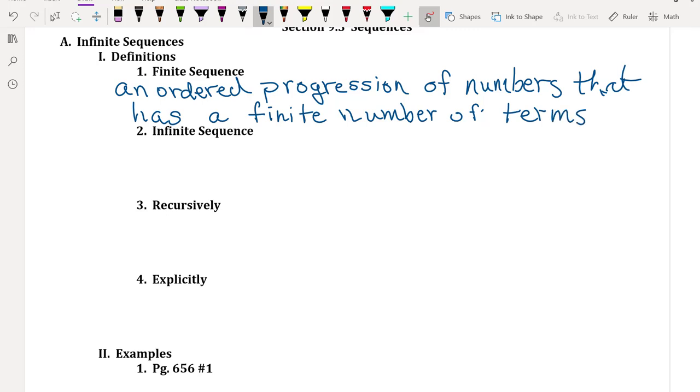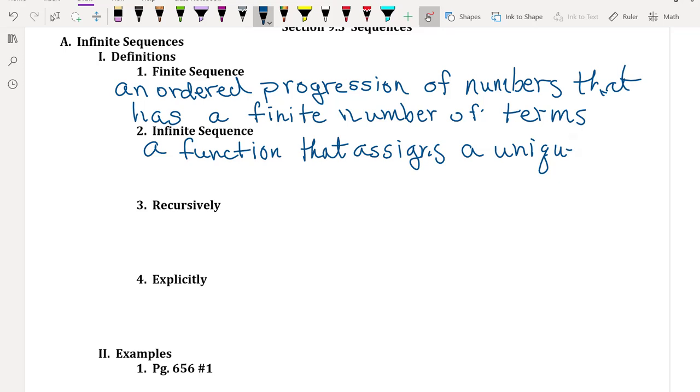Now, an infinite sequence is a function. It is a function that assigns a unique number that we will call a sub n to each natural number k.